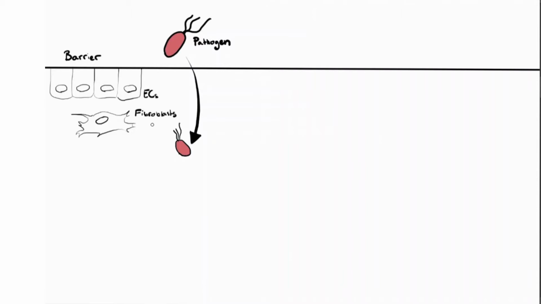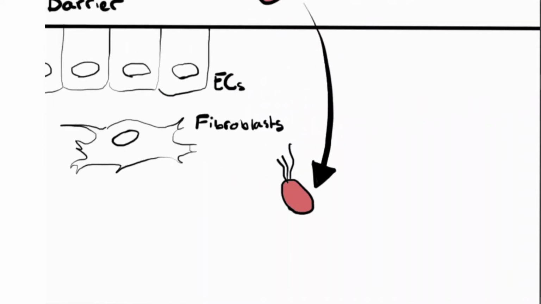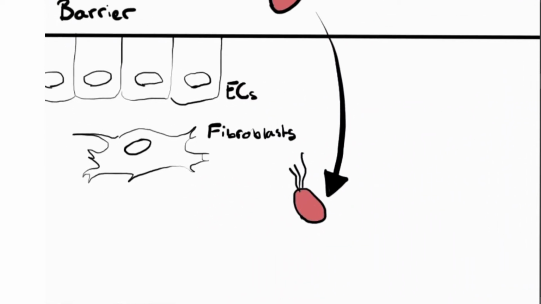And they can recognize pathogens through a type of receptors called pattern recognition receptors, or PRRs. They are expressed all over the place, both on the actual outside, the plasma membrane, and also inside the cells, both on vesicle membranes or in the actual cytosol.